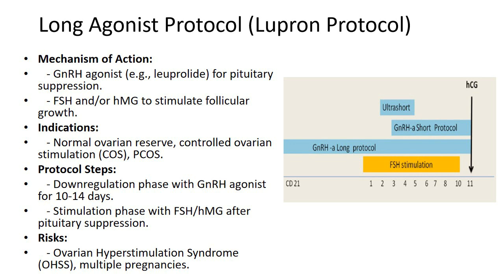Follicle monitoring via ultrasound and estradiol levels. Ovulation trigger: HCG 5,000 to 10,000 international units, or GnRH agonist when follicles reach greater than or equal to 18 millimeters. Egg retrieval 34 to 36 hours after trigger.